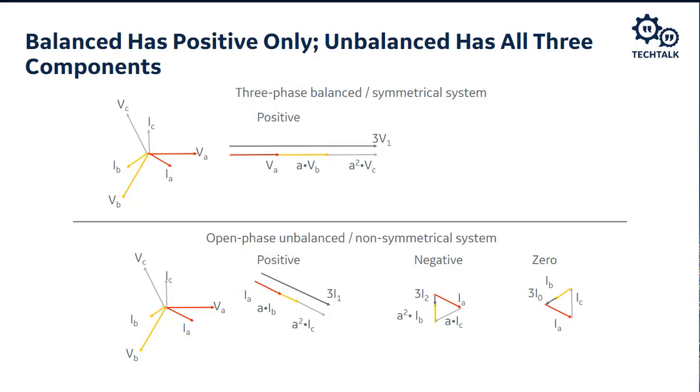So if I shift it by 120 degrees, it becomes in phase with A. And VC is sitting up there at minus 240 degrees. So if I shift it by 240 degrees, it also is in phase with VA. When I sum those together, I get this new quantity that is 3V1.